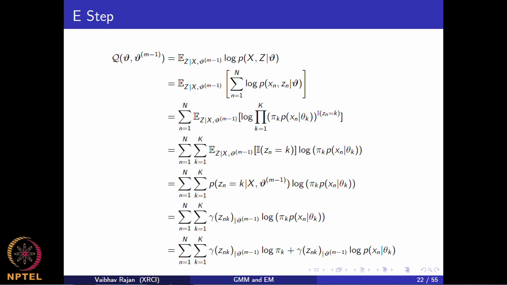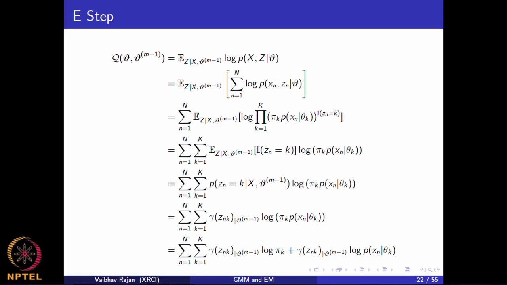The Q function is, this is just by definition, the expectation of the complete data likelihood under the distribution of Z given the previous guessed parameters, right. So, this log likelihood is just the log of the likelihood of xn, zn given the unknown parameters over all the data points.